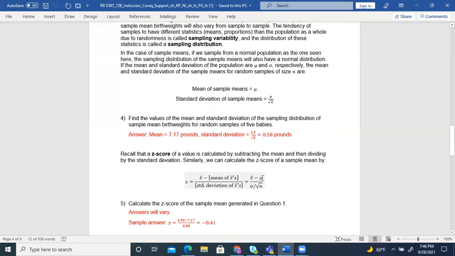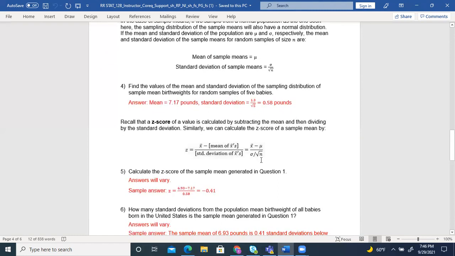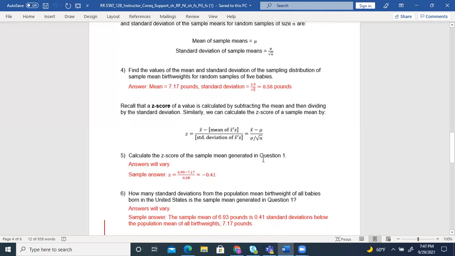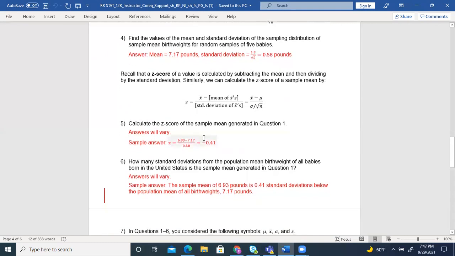So it's x bar minus mu, and then you divide by sigma, but the sigma for the sampling distribution is sigma over the square root of n. That's why you put sigma over the square root of n here. So anytime you have x bar, you must follow this formula, not the one we use for a regular value. Every time you have a mean and want to standardize it, you must follow this formula.